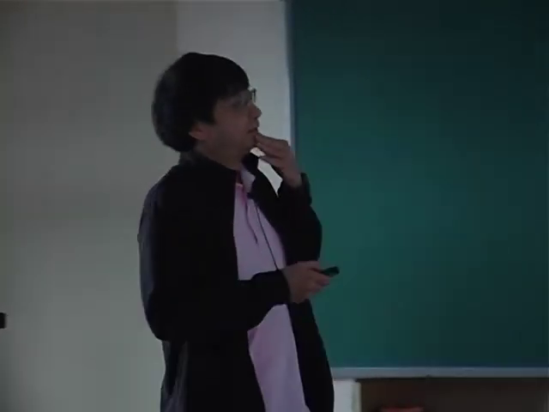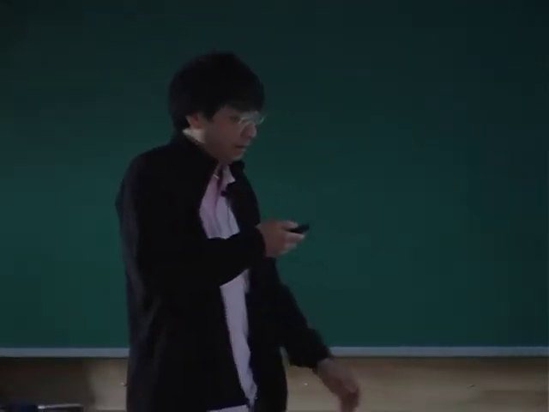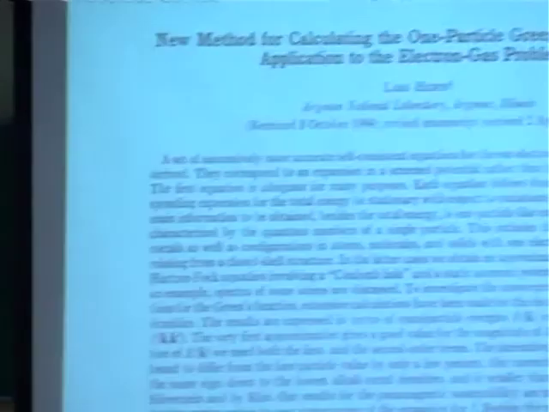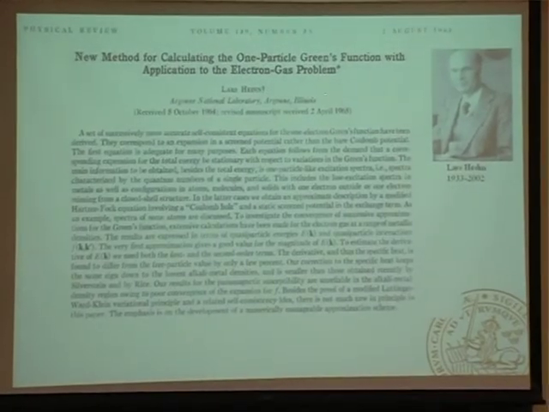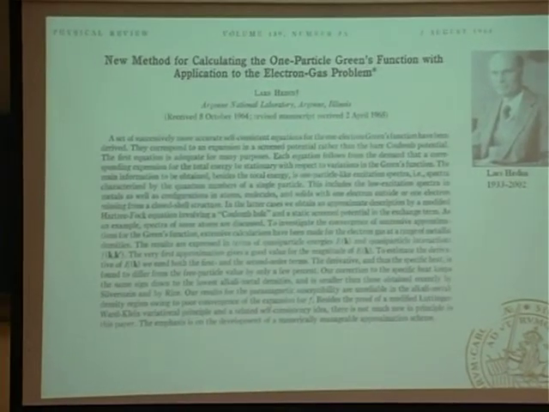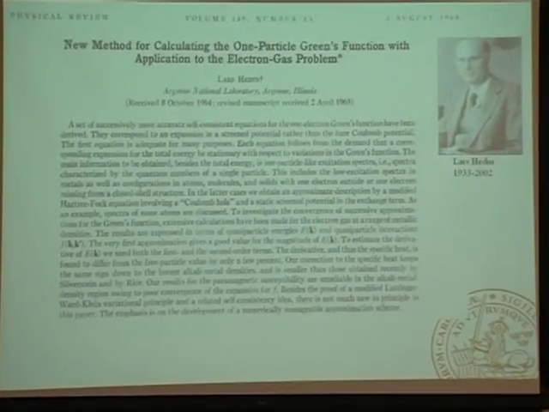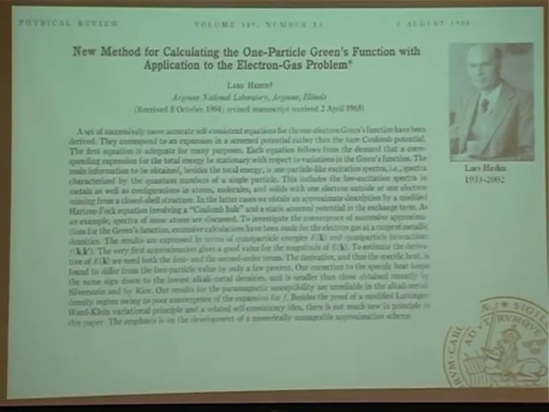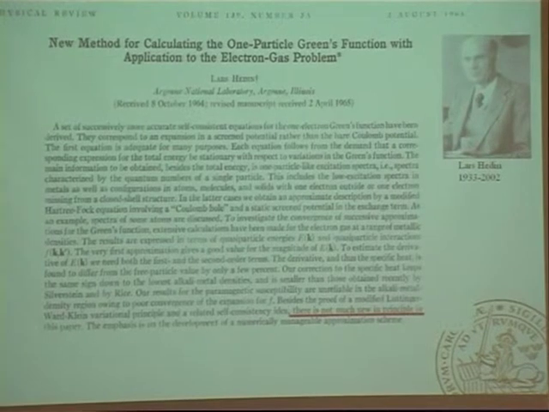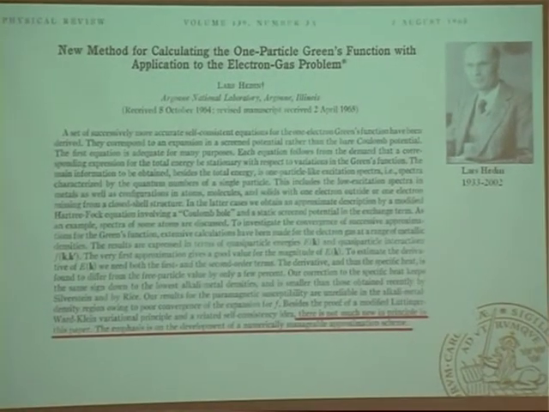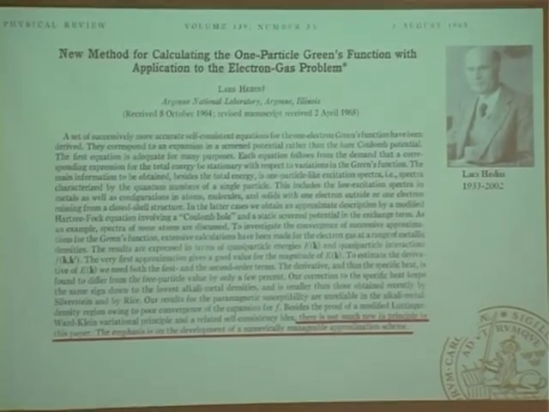So let me first show you the original paper. It's a famous paper by Hedin from 1965. If you read the abstract, you will find an interesting statement at the end of the paper.